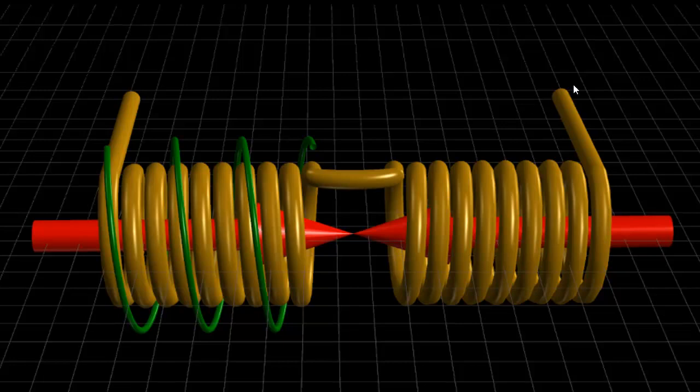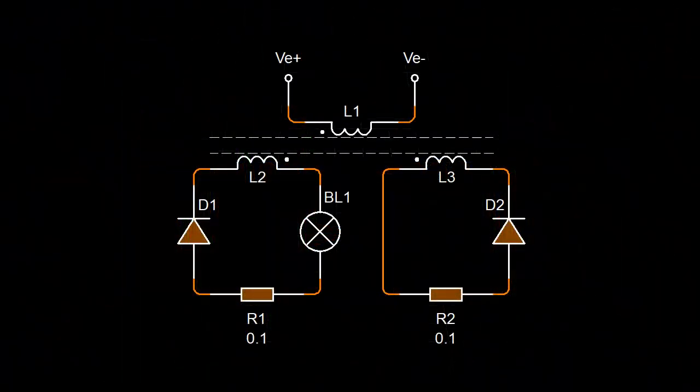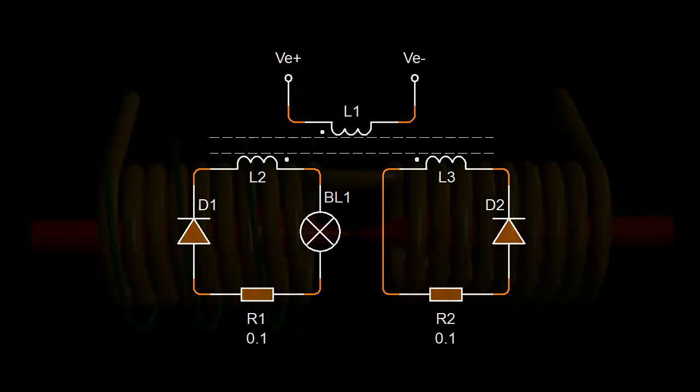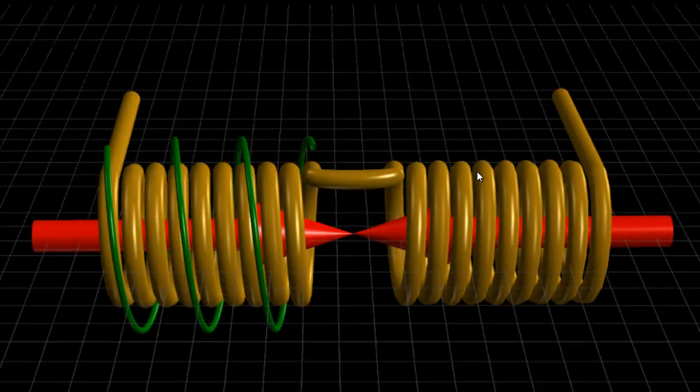Now if this coil over here were to be shorted, and if we had a load on this coil, then the time rate of change of the magnetic field over here would be mirrored by this coil if it were shorted. But the current flowing in this coil would be greater than what it would be if it had a load on it.